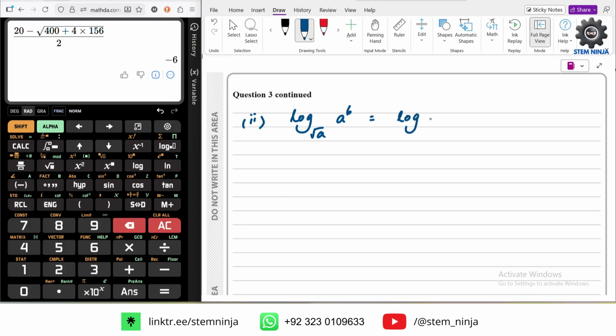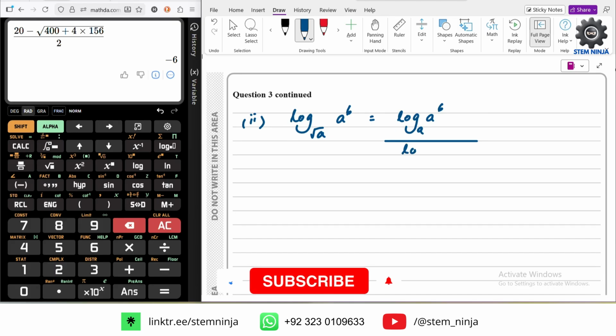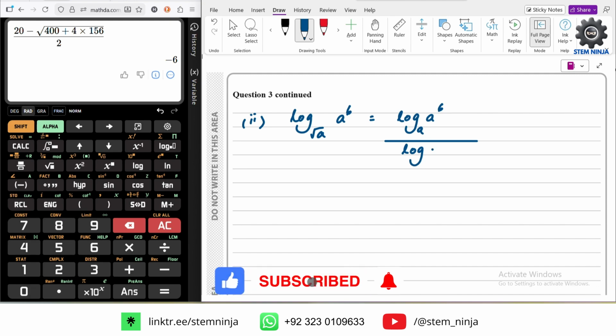So this would be log of a raised to power 6 in base a. Instead of root a, we change the base to just plain simple a, and the denominator would be log of root a. Now using the laws of logarithms, 6 can be brought out front, and so can the half.